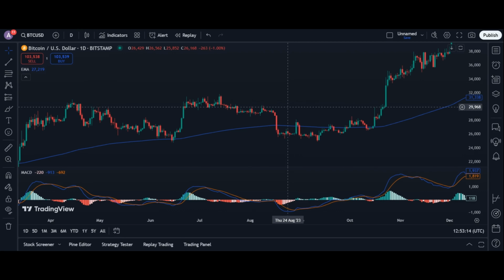For example, at this point, we can see that the MACD line crosses the signal line upward, and they are located below the zero line, and this is the best time for going for a long position.